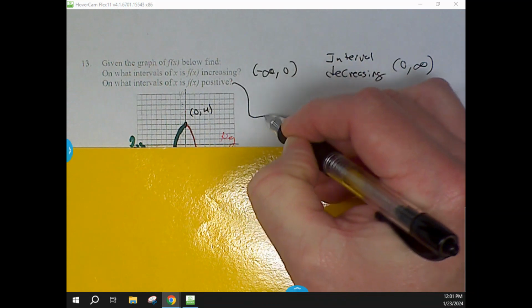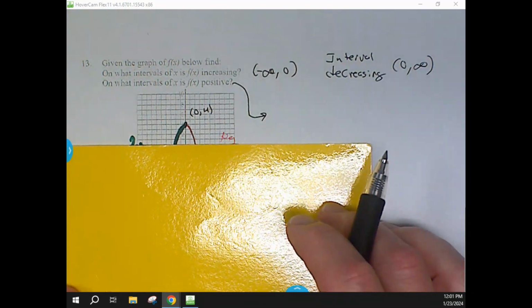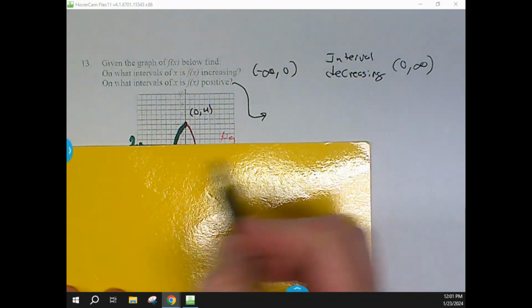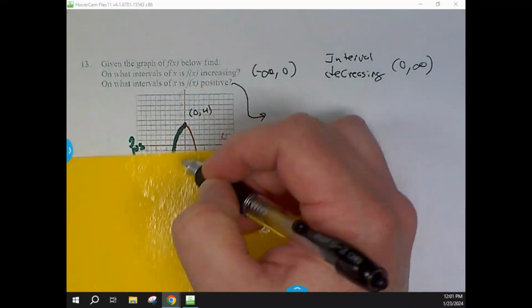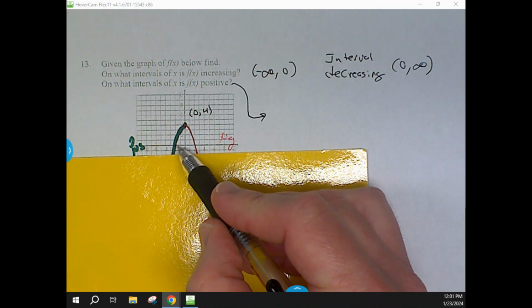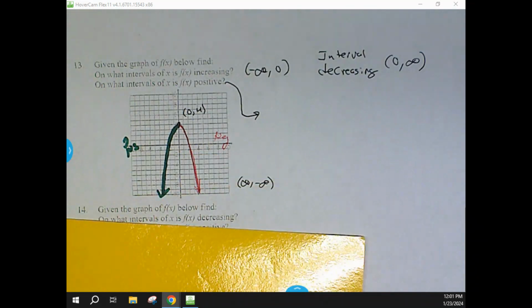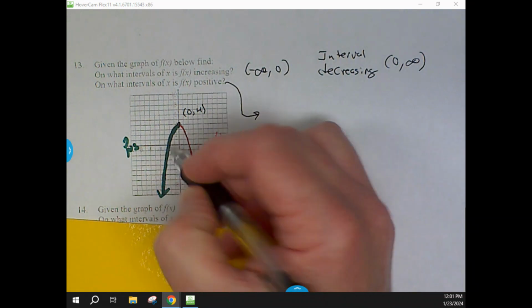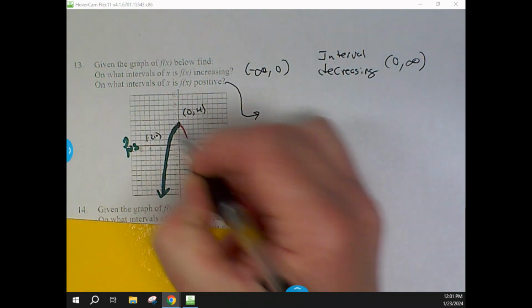Okay, now when we're describing, I'm going to bring this down here so we can answer this one. So where it's positive is that part of the graph, but again, you've got to talk about the points from left to right. So here's where you write down the leftmost point right here, and that was at negative 2. Made my graph really big, so I may have messed it up there. Yeah, so that point right there is at negative 2.